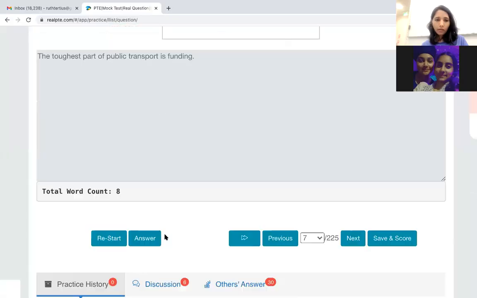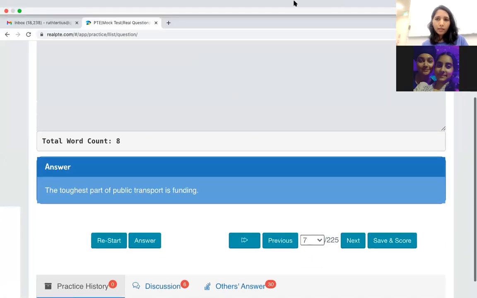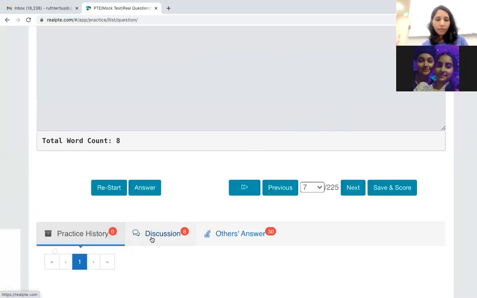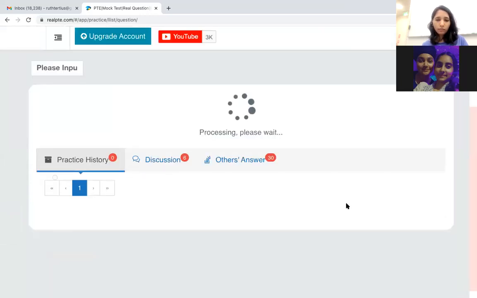Let me share my screen. Okay, this is the answer. The toughest part of public transport is funding. Let's do the next one. 1, 2, 3, and go.